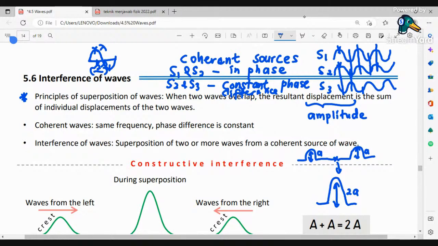S2 and S3 also coherent because they produce the same frequency of wave and constant phase difference, or same phase also can. Okay, in phase also can. Constant phase difference is the same. If in phase, it means the phase difference is zero, so always zero. So we just take this one, constant phase difference. Okay.